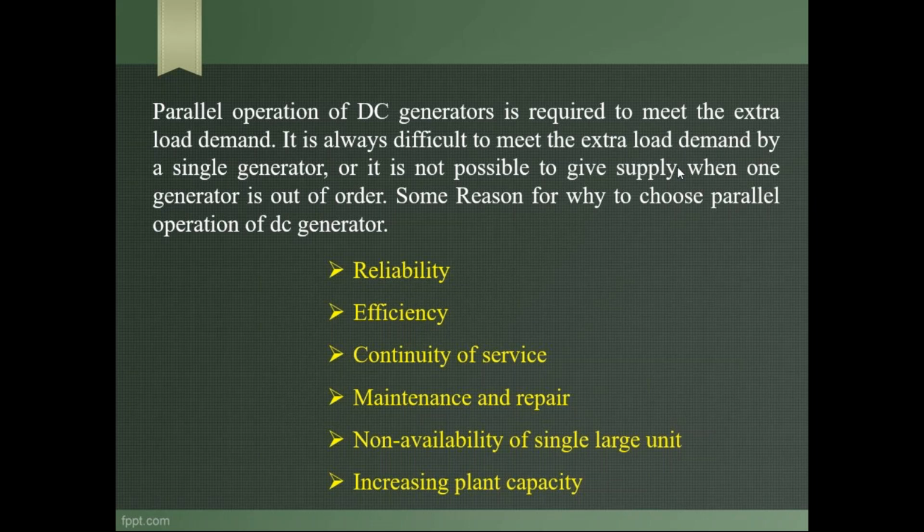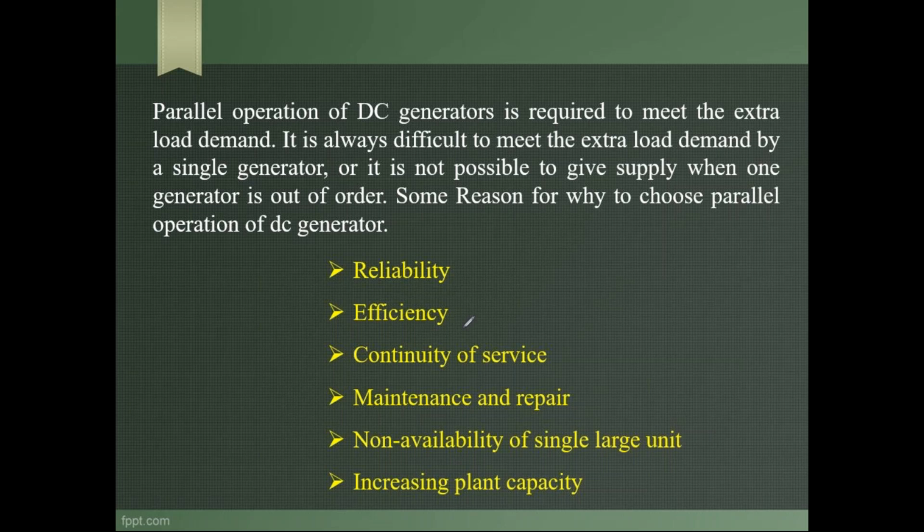Right. So these are the six advantages of parallel operation of an electrical device: reliability, efficiency, continuity of service, maintenance and repair, non-availability of single large unit, and increasing plant capacity.